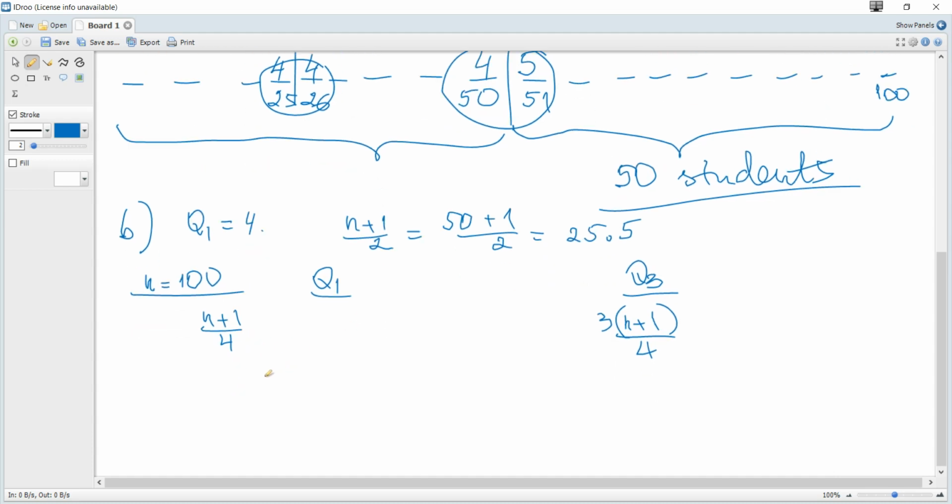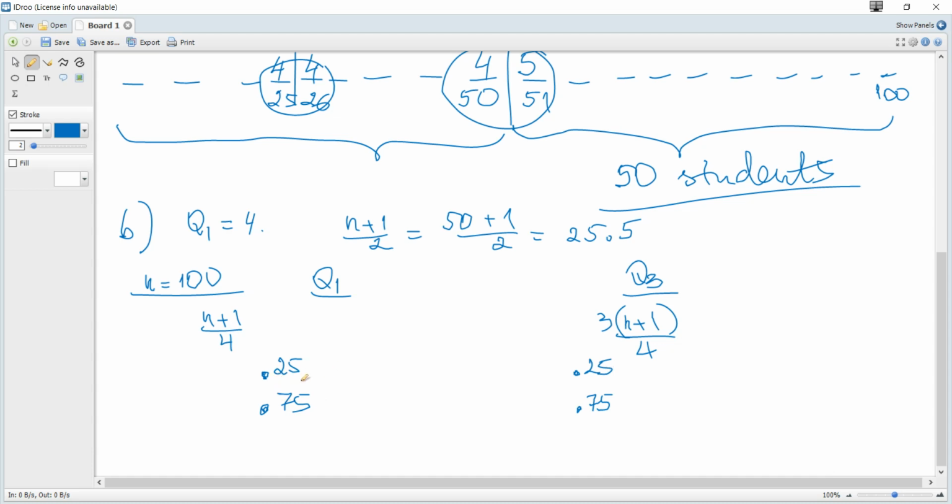But here you can get 0.25 or 0.75, while we can only take a whole number or 0.5 and take an average.